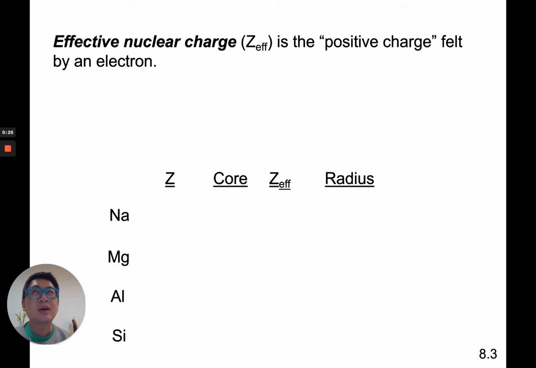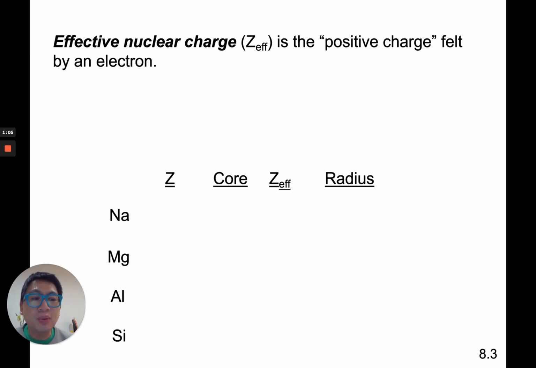Just as a quick reminder, we have the nucleus in the center of the atom, and you have the electrons that are orbiting around it in different shells, subshells, etc. So the stronger the effective nuclear charge, the positive charge felt by an electron, the more it's being pulled towards the nucleus. And in general, that also means that the atom would be smaller, okay?